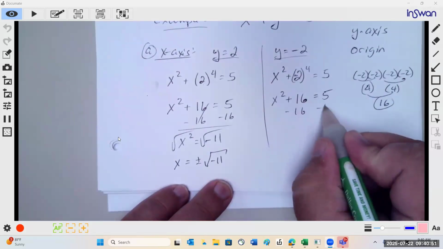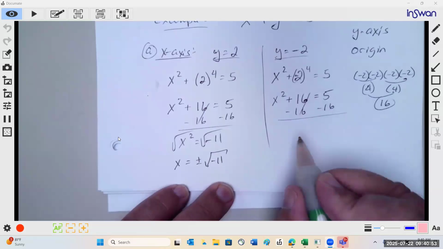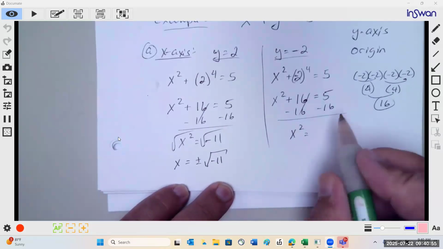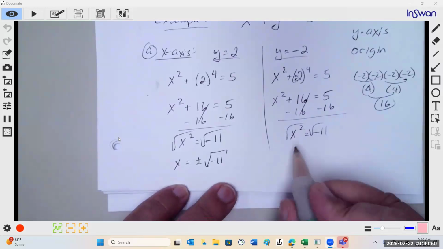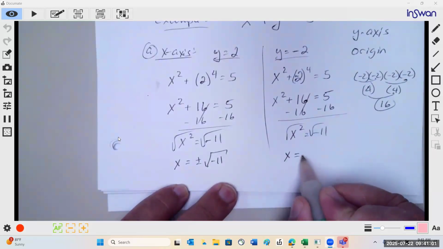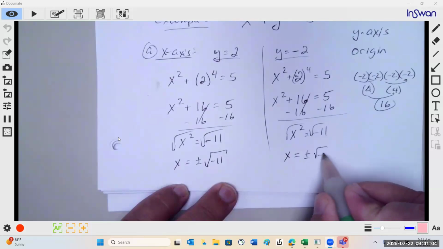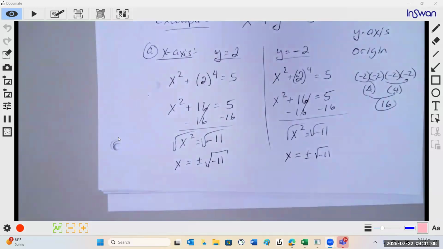Subtract 16. So x squared equals negative 11, so x equals plus or minus the square root of negative 11. So is this symmetric about the x-axis? Yes.